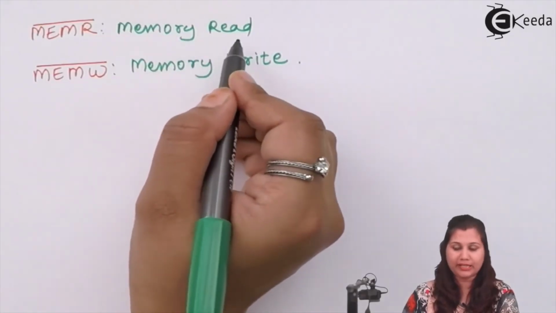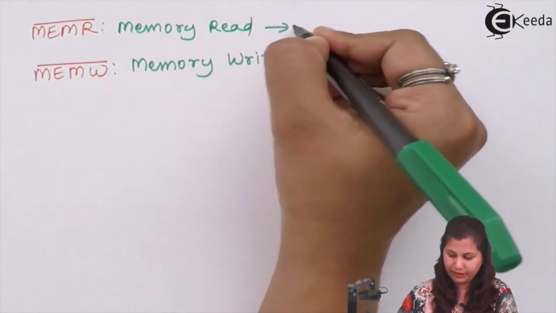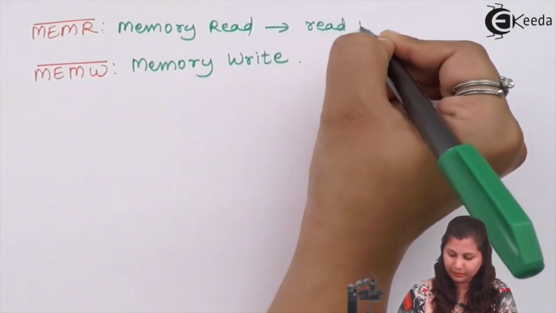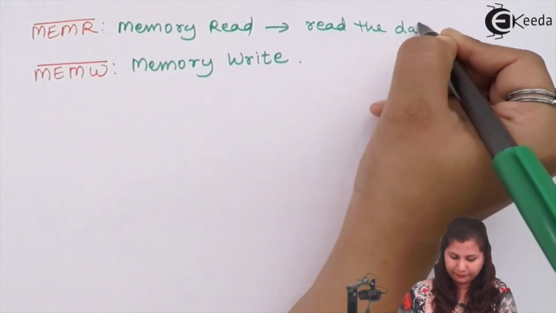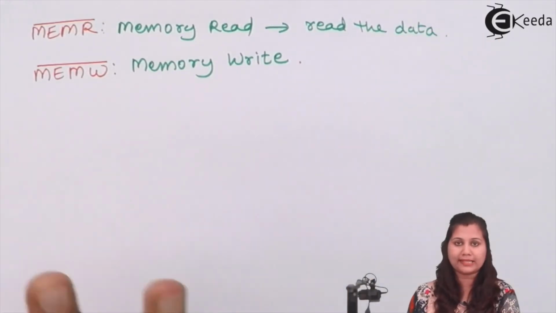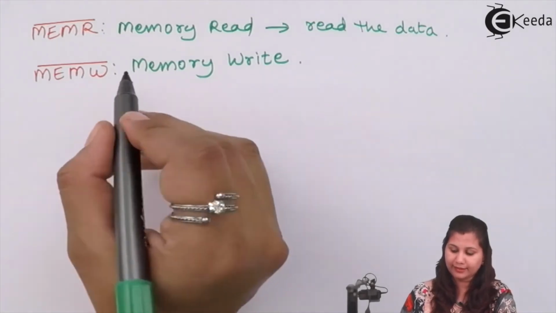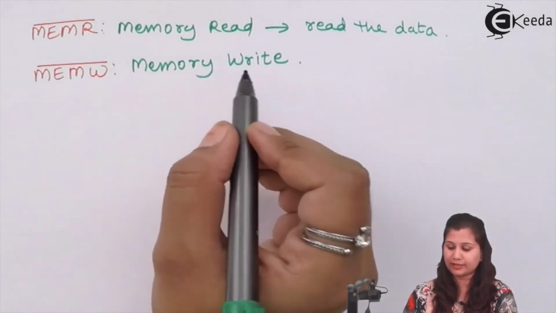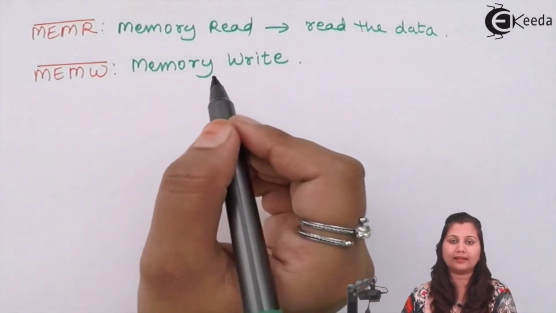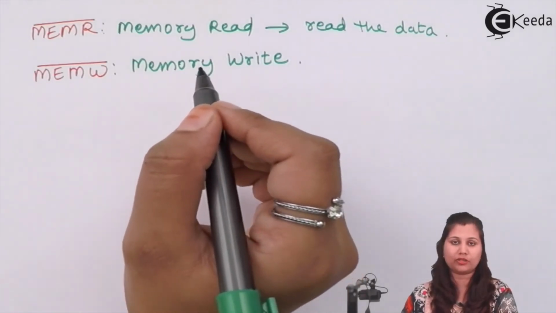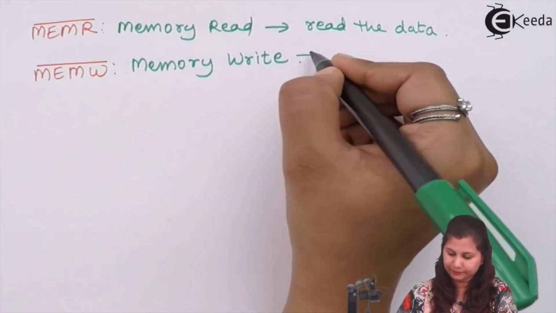So this memory read signal is used to read the data from the selected memory location, and this memory write signal is used to write the data at the specific memory location which is being selected.